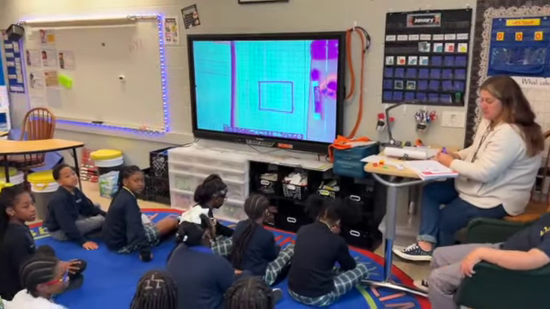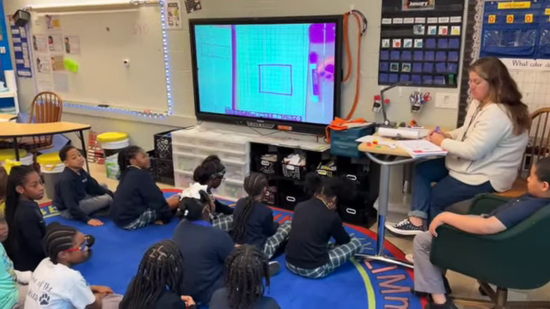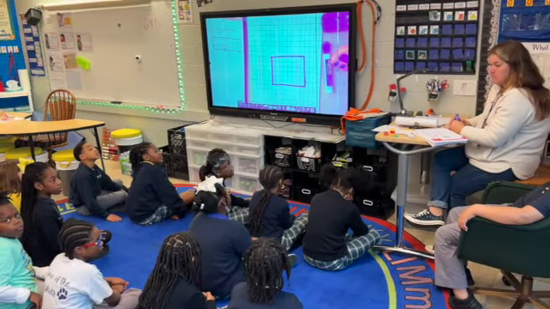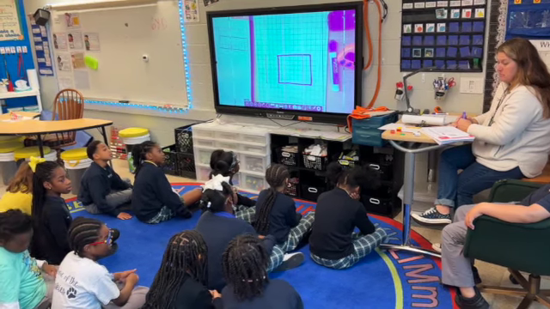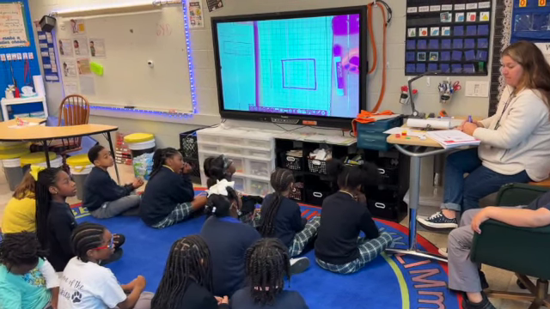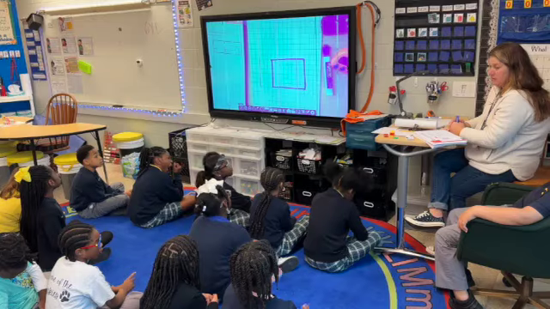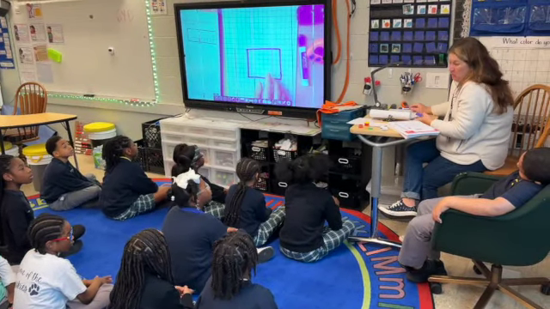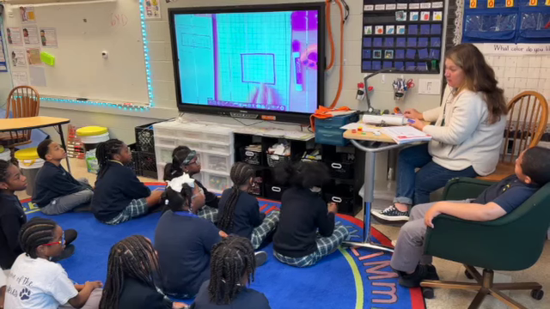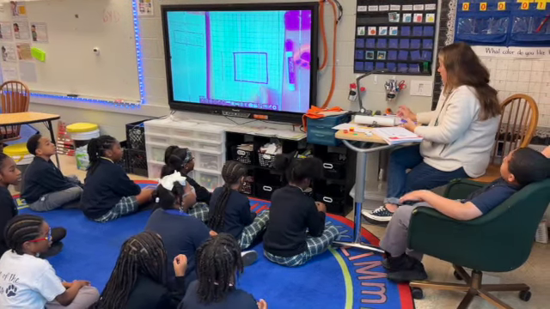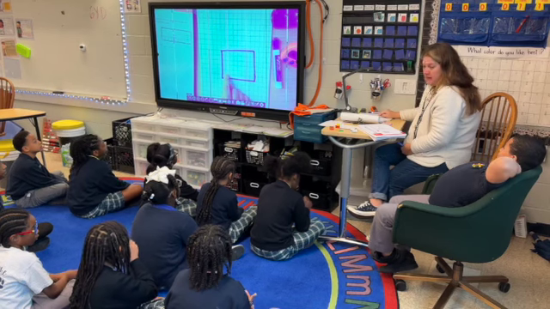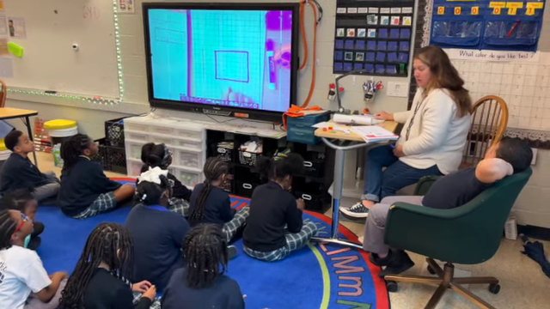We could find the area by looking at it as an array and seeing how many squares there are going this way and this way. Okay, so we can pretend like this is an array. Do we need to pretend that it's an array, or is it actually an array? It's actually an array. So we can count the rows and count the columns to find the area.